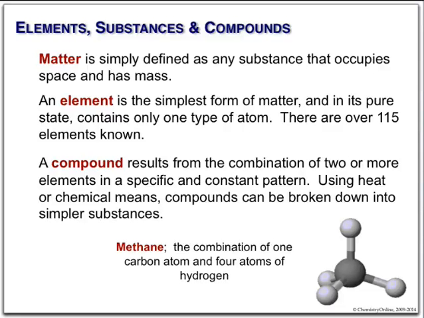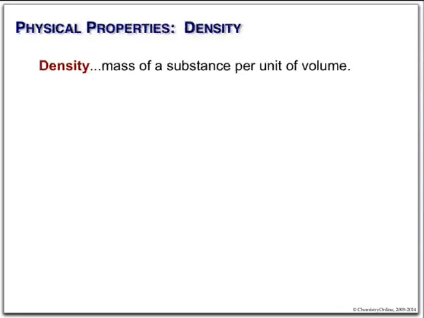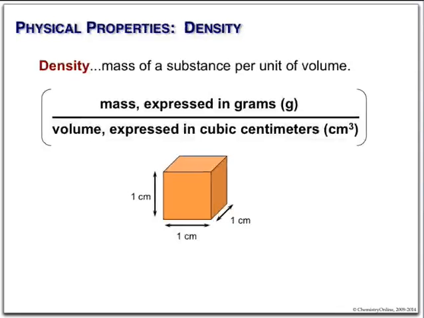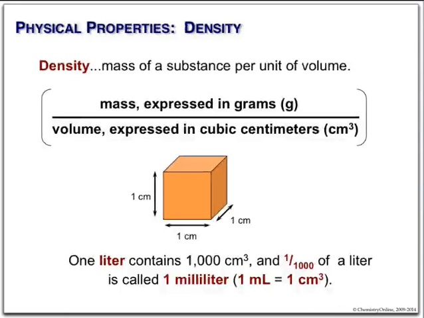We talked about density. Density is simply mass per unit volume. What you need to do is to take the mass. Classically, the mass is expressed in something like grams, the volume in cubic centimeters. Conversions that you need to remember: a cubic centimeter is the same as a milliliter.